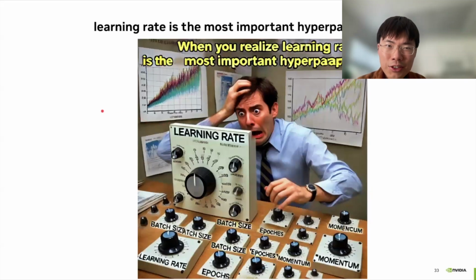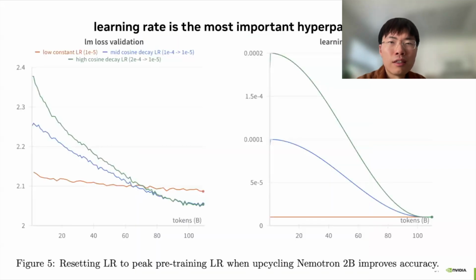We found that learning rate is still the most important hyperparameter to train, even for upcycling, which is especially the case. On the right, you can see different learning rate schedules. Traditionally, if you continue to train a model, you usually use a very small learning rate.